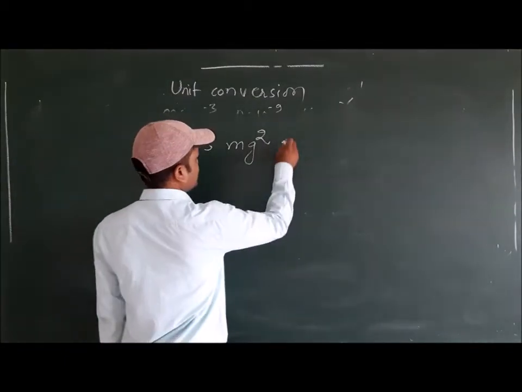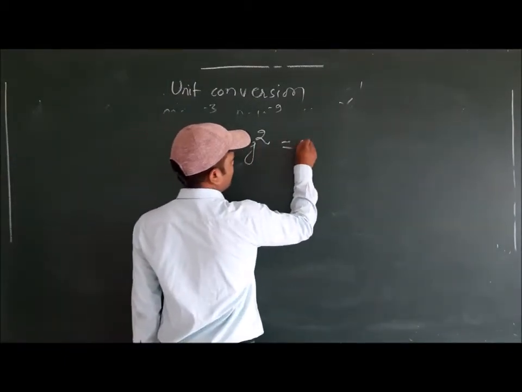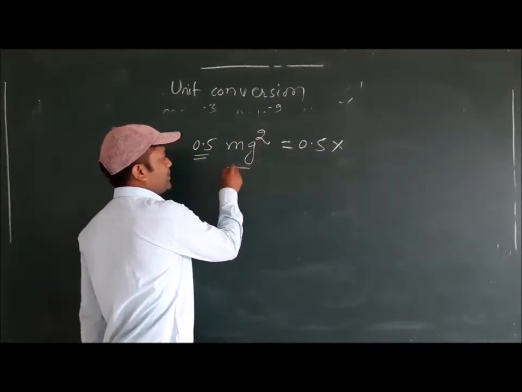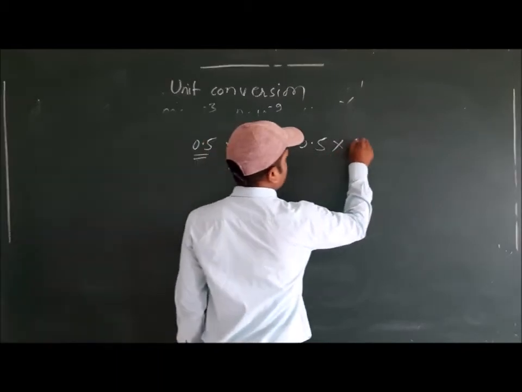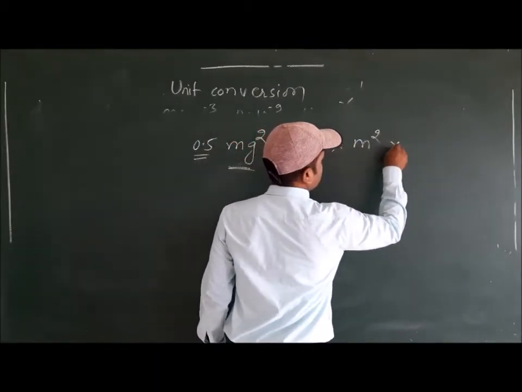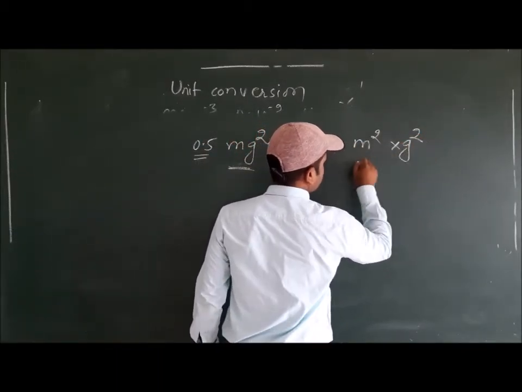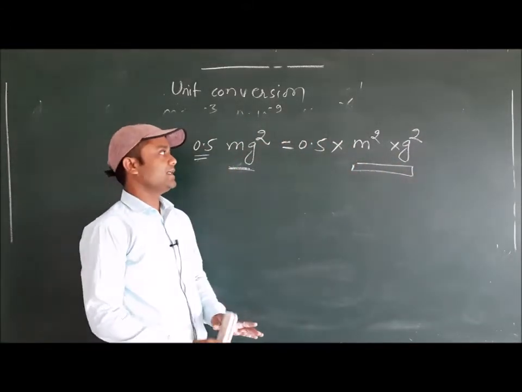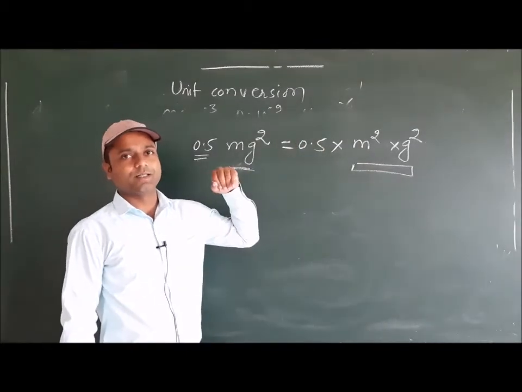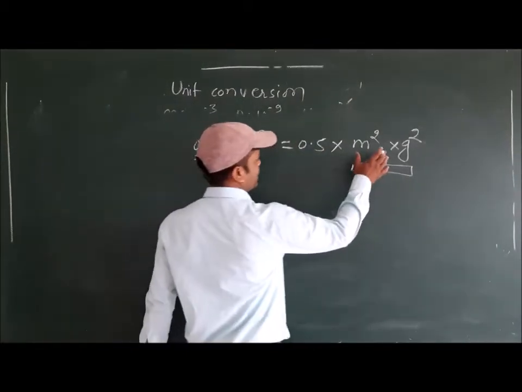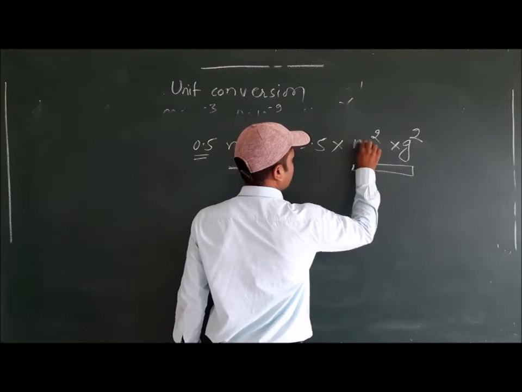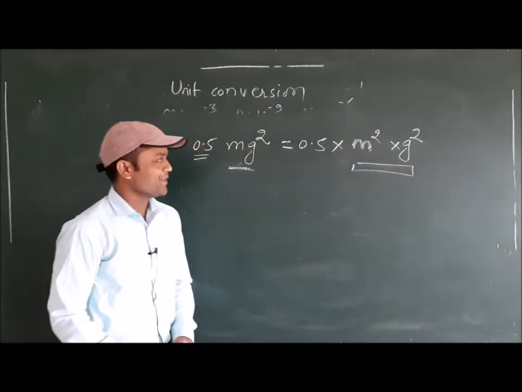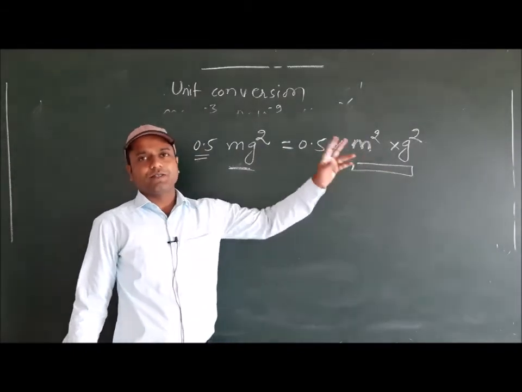So then what I do, keep 0.5 as it is, then I separate the prefix and basic unit: milli square into gram square. It is just for your understanding, okay? Don't write it like this in the actual exam paper. Don't separate like this. You have to write the direct value, but in your mind you have to do such calculation, okay?